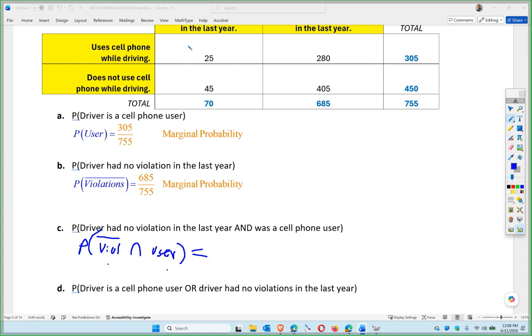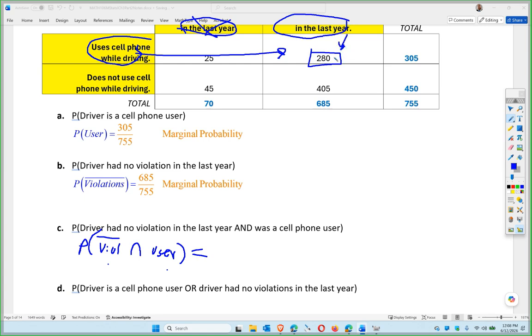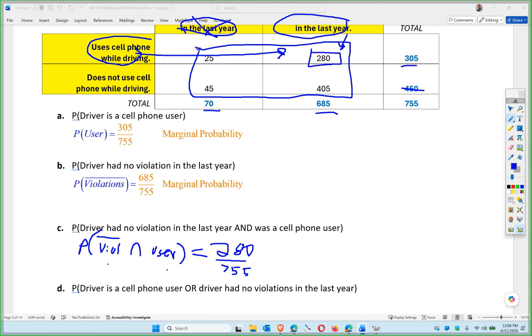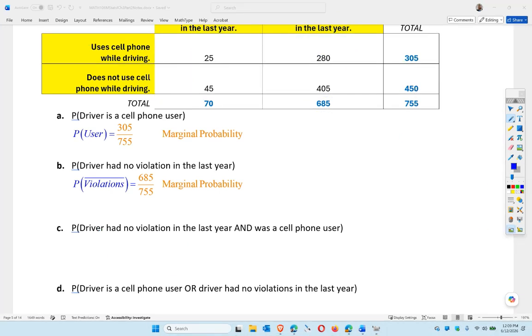We have violation, which is up here, and a user, which is here. Oh no, it's no violations. Sorry, no violations and user. So it's this one right here, because it's joint with these two together. It's joining those two together, so it's called a joint probability. So 280 out of the 755, essentially. Okay, so if it's a singleton, it's marginal, which is these. If it's a combination of two with an and, it's those which are joint probabilities, essentially.